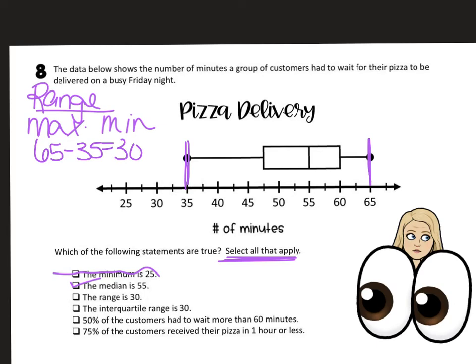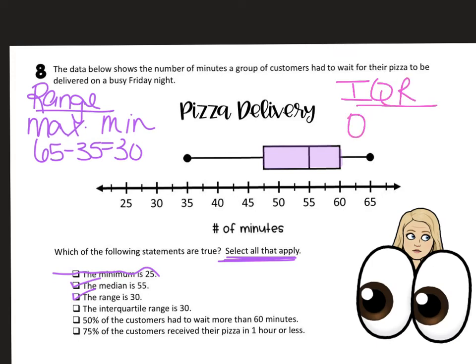So that is true. The interquartile range is another one that we need the eyeballs for. And again, it's not a word-for-word definition, but it is a calculation. It's the smaller part here. It's basically the range in that rectangle. So what is that interquartile range?